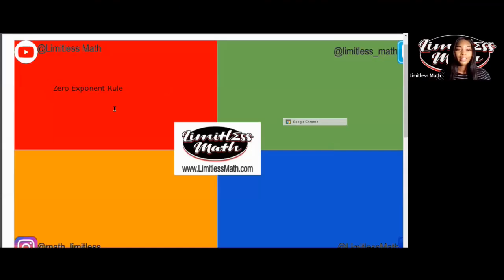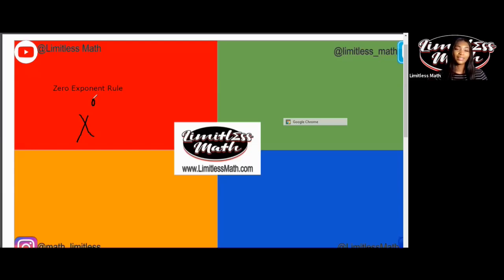The next rule we're going to discuss is the zero exponent rule. This talks about a very specific case when you have a power, an expression, a term, and it has 0 as an exponent. So something like x to the 0, for example.